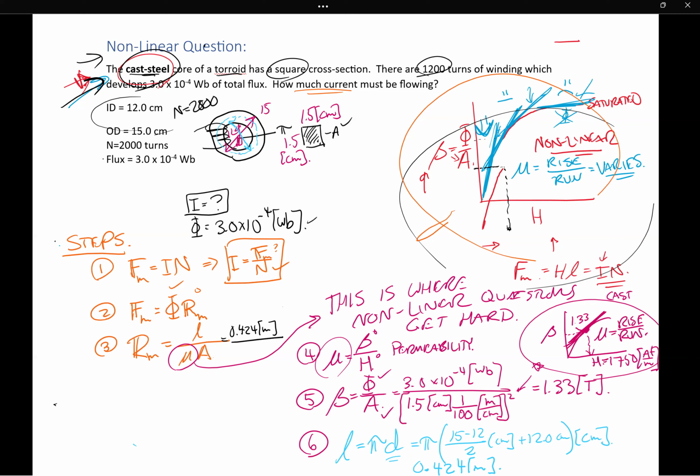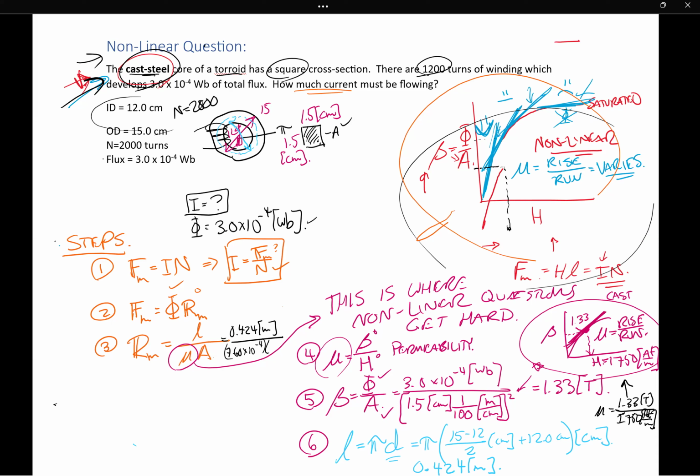1.33 Tesla over 1750 amp turns per meter, which gives me 7.60 times 10 to the negative 4. You have to make sure that your permeability numbers are all really, really small. Negative exponents.